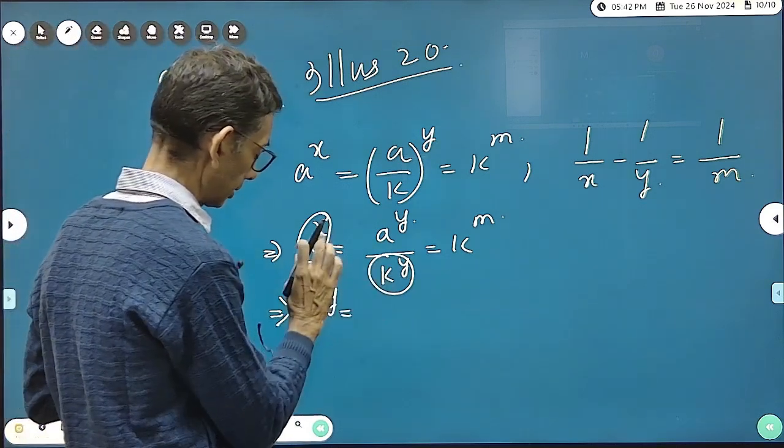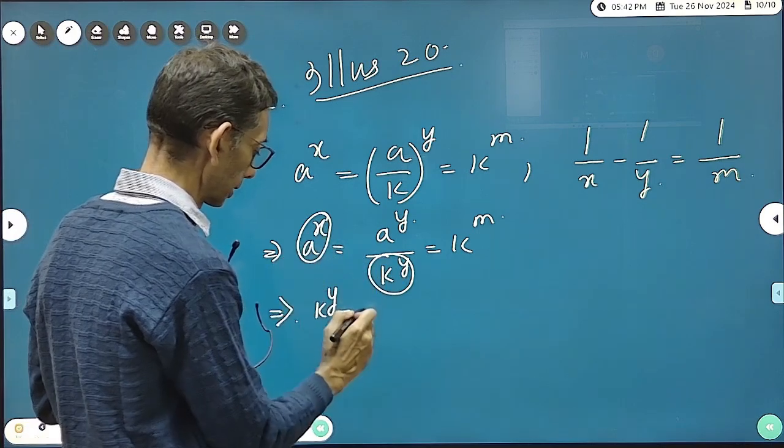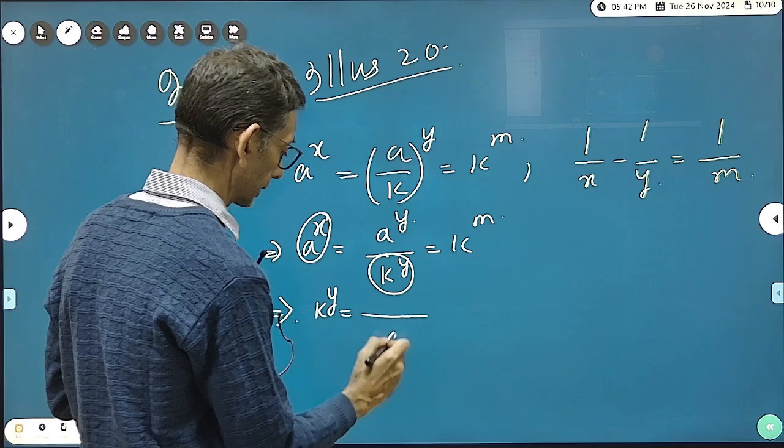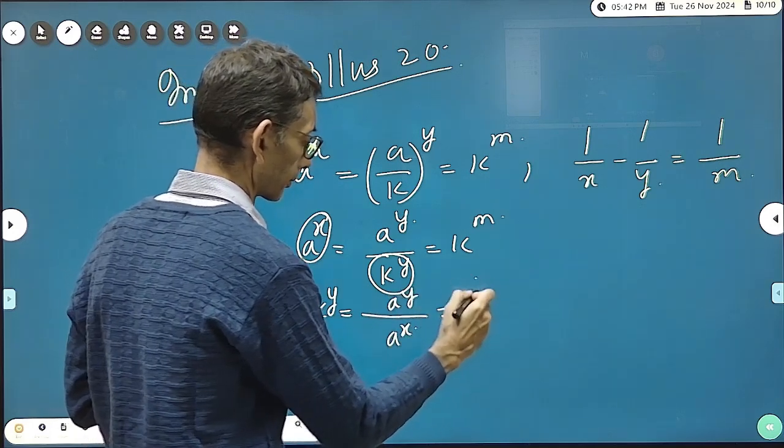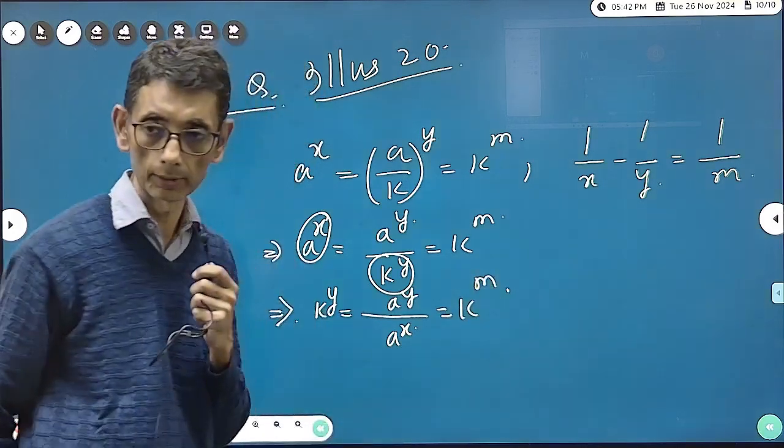These positions change, and therefore I will write a^x like this. You know this property, right?